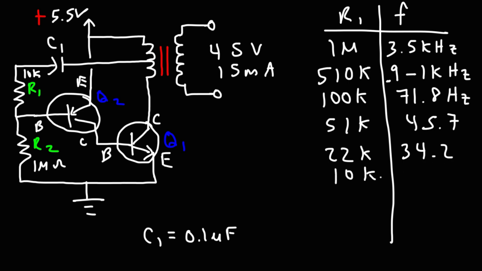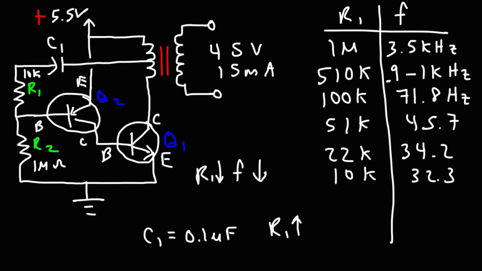And at 10K, 32.3. So for this particular circuit, a decrease in R1 has the effect of decreasing the frequency. R1 affects the rate at which C1 charges and discharges. So when you increase R1, it takes a longer time for the capacitor to charge and discharge.